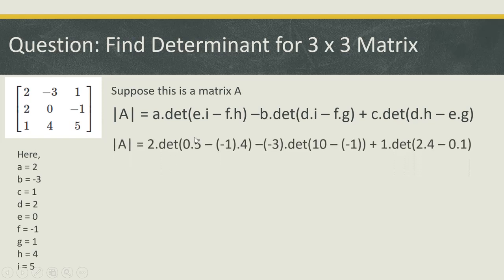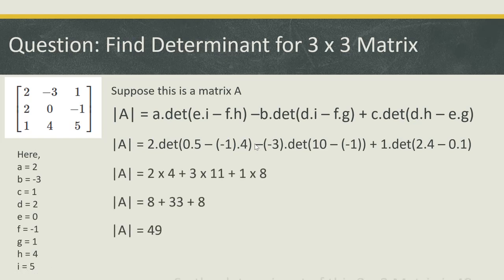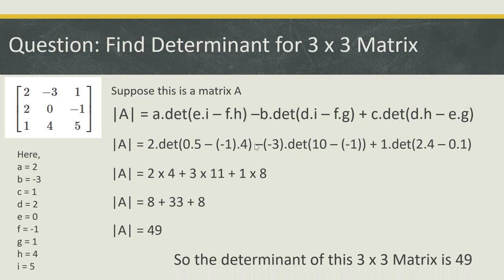Replacing the values of A, B, C, D, E, F, G and performing all the arithmetic operations, we get 49. So it can be said that the determinant of this 3 by 3 matrix is 49.